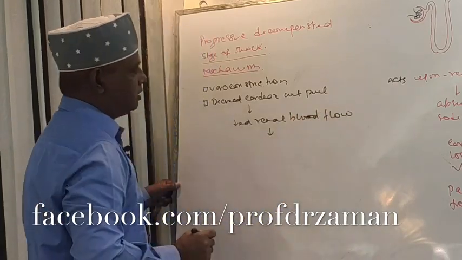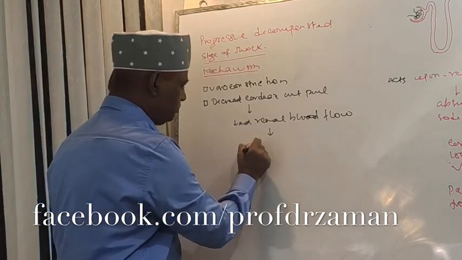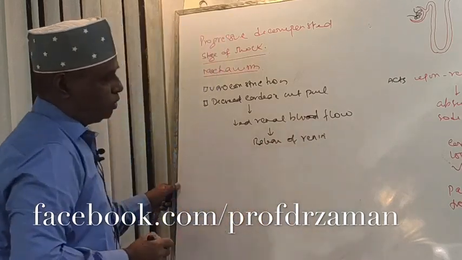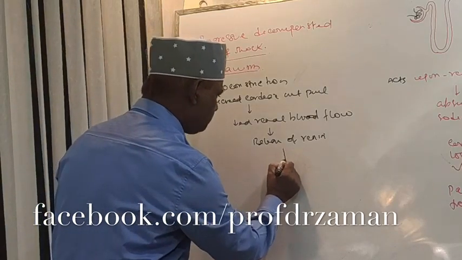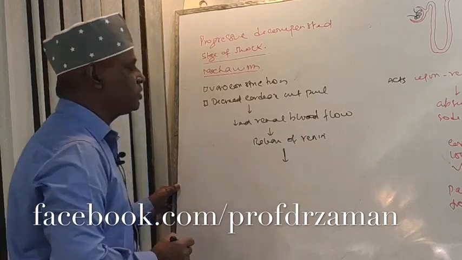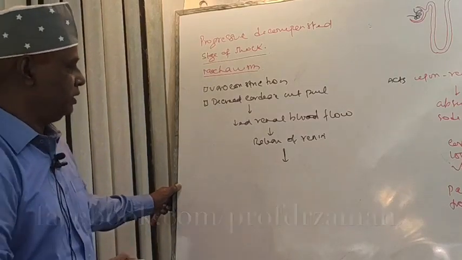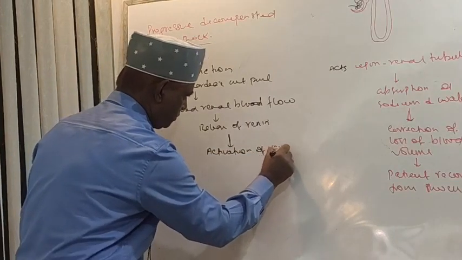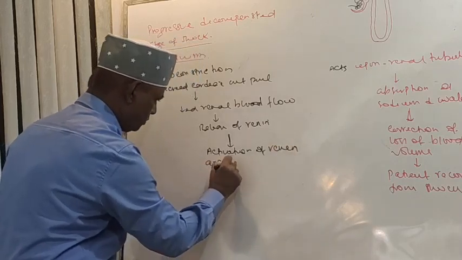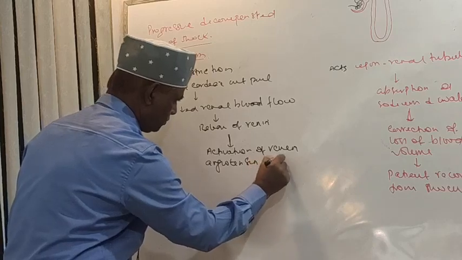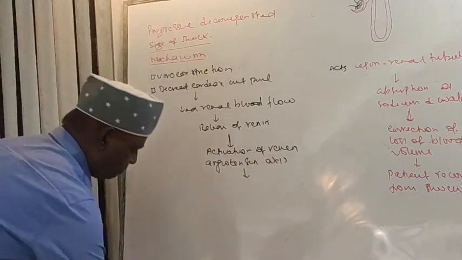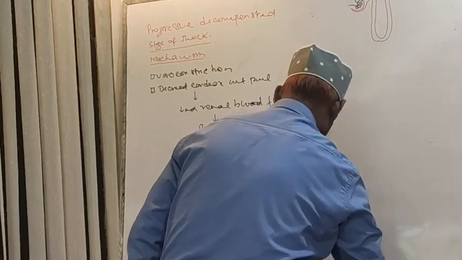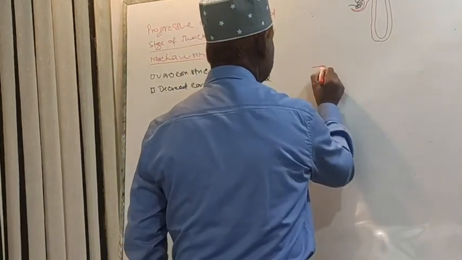Following decreased renal blood flow, again there is release of renin from the juxtaglomerular complex, and this renin is associated with activation of the renin-angiotensin axis. As there is activation of the renin-angiotensin axis, there will be a release of aldosterone.